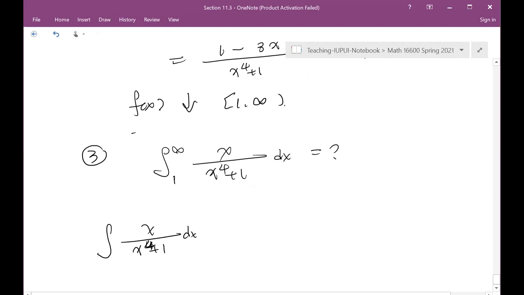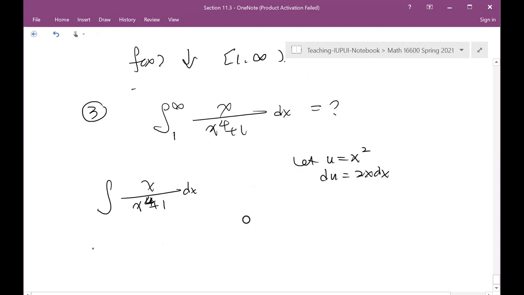All right, substitution. Let u be x squared. du equals 2x dx. So then x dx is half of du, and the denominator is u squared plus 1. Oh, great.